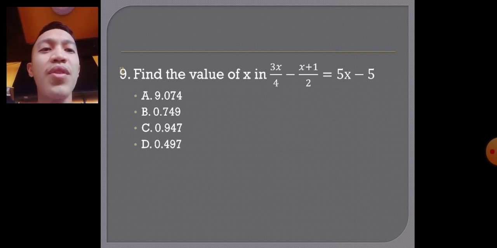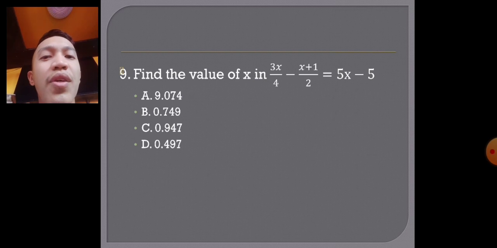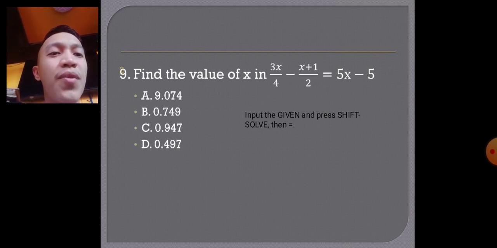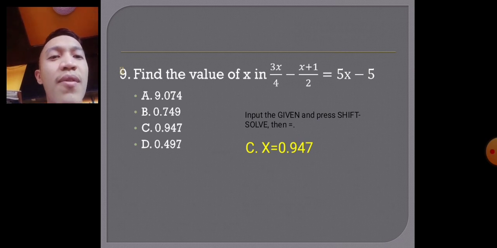But using a calculator, which is the easier way, most especially in board exams, you just input the given. After inputting the given, you press shift solve, then the equal sign, then you will be given the value of x, which is 0.947. That's letter C.